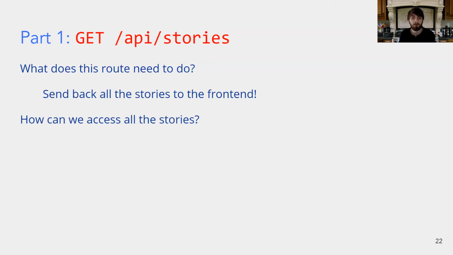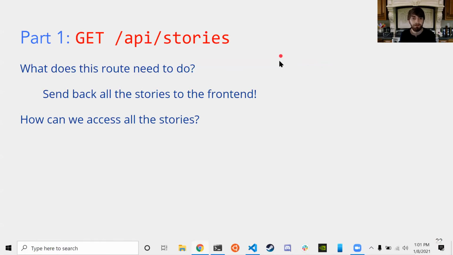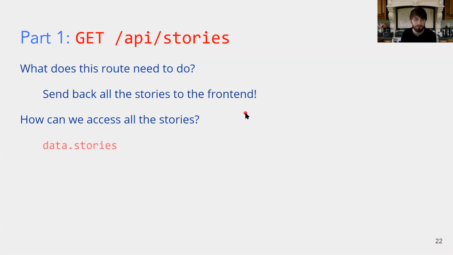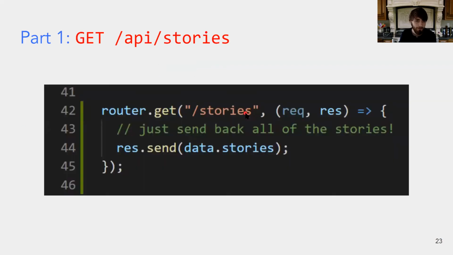But first, I'm going to ponder this question with you. How do we access all the stories that we've made? We literally just made something that holds all the stories for us. What is it? We're going to sit here until one of you says it. Data, ta-da. Yeah, so we have all of the stories neatly held within data.stories.